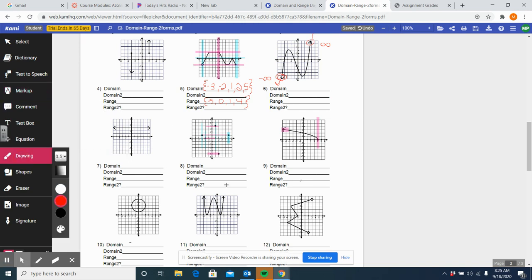So your domain's going to be, you can write it one of two ways. You can write negative infinity, okay? And then when we have infinities, we use less than, and then put the x. And then look at this. What's your farthest right point? It's a closed circle, okay? So it's less than or equal to 4.